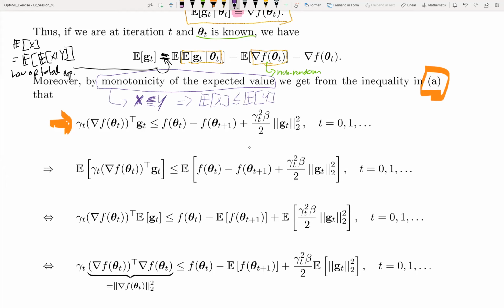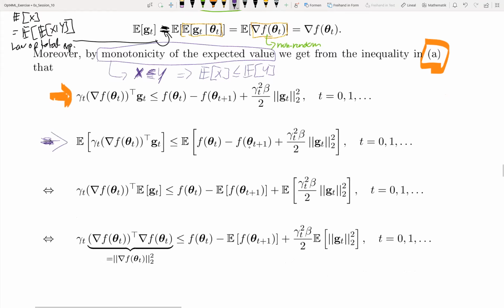Or put it differently, if you have an inequality, you can apply on both sides the expected value, and it still stays an inequality. And this is what we do here. So we have from A an inequality, we apply on both sides the expected value, and the inequality is preserved.